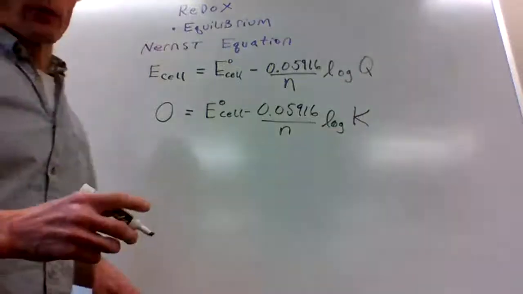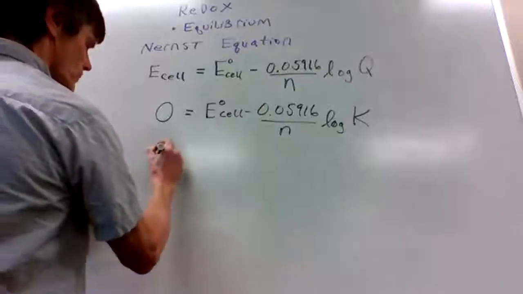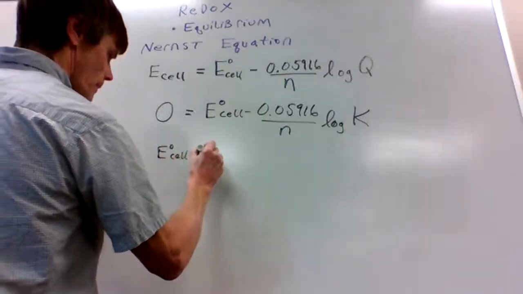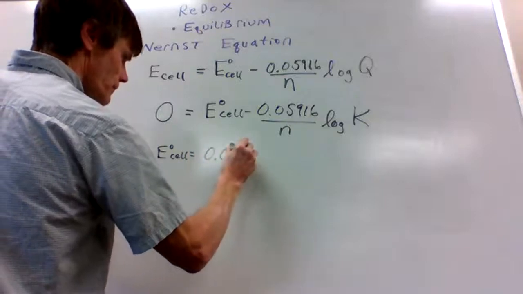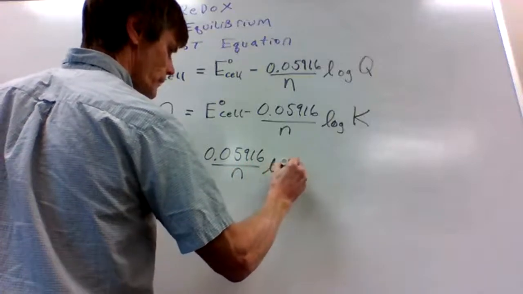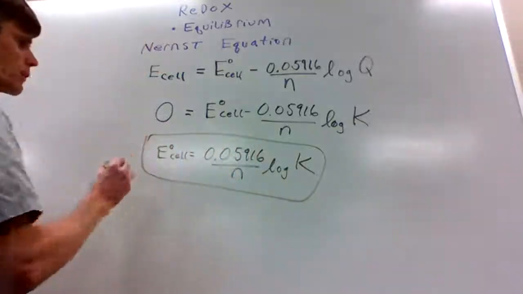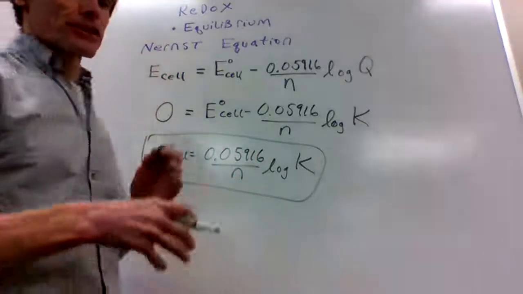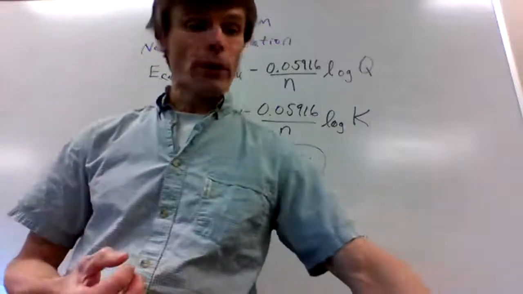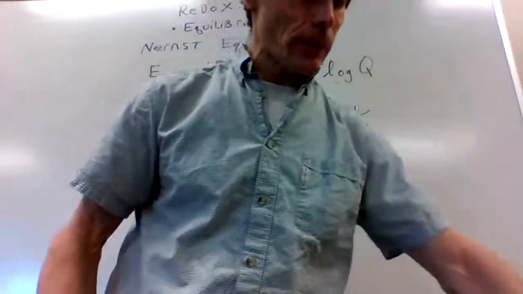This is a really nice way to use standard cell reduction potentials to learn about equilibrium constants. If we equate these, it gives us information about processes at equilibrium. But the fact that the cell potential goes to 0 is really important as we start to learn a little bit about a redox titration.